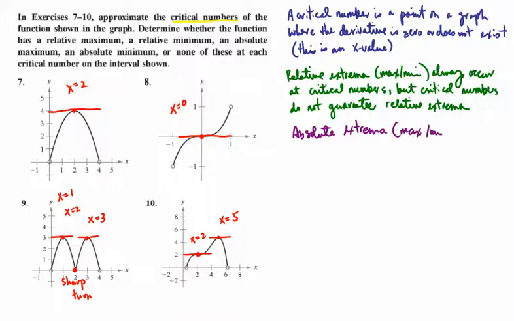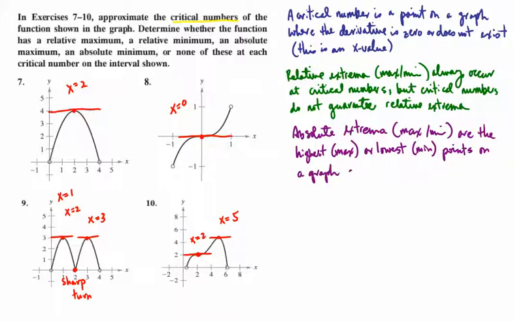Max or min. We have an absolute maximum. Well, let me say it this way. Absolute extrema are the highest for a maximum or lowest for a minimum points on a graph or on a given interval.